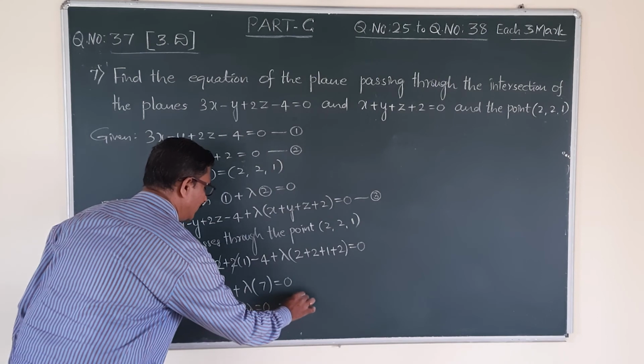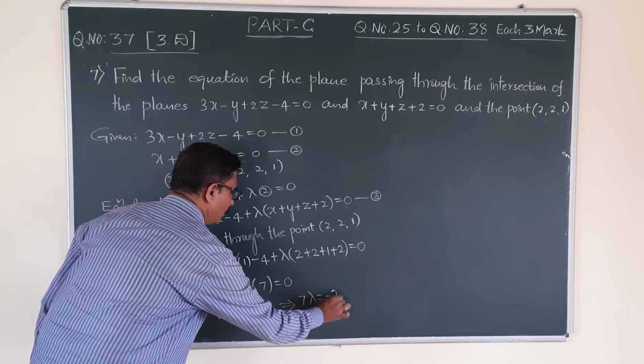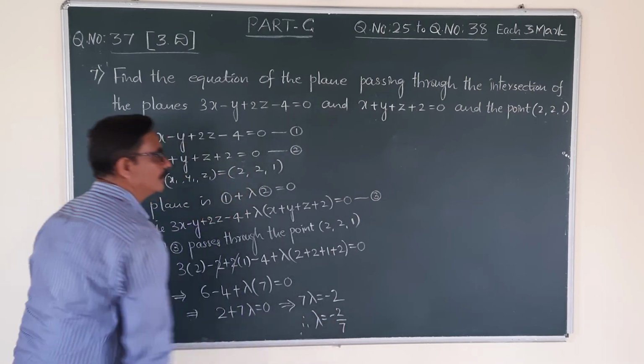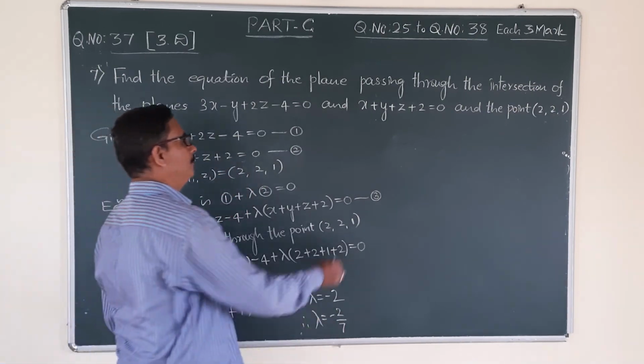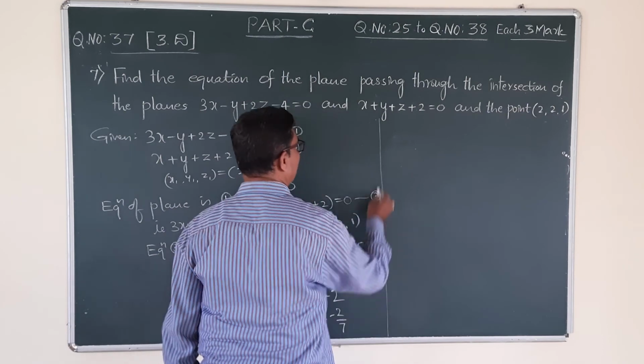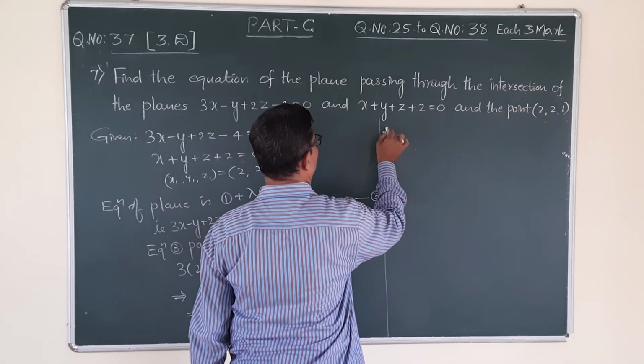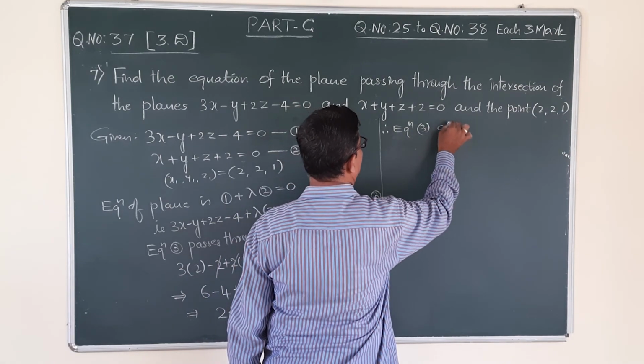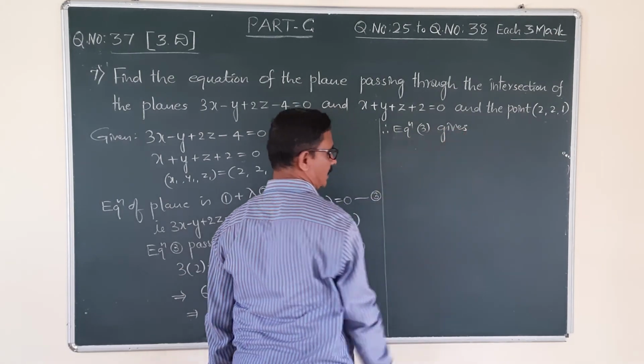This implies 7 lambda is equal to minus 2, divide by 7, lambda is equal to minus 2 by 7. So put the lambda value in equation 3.